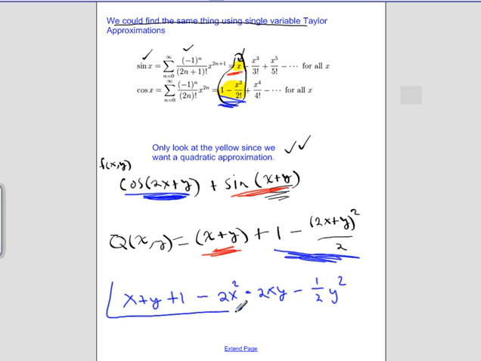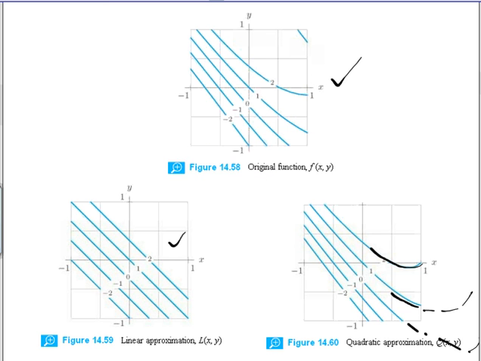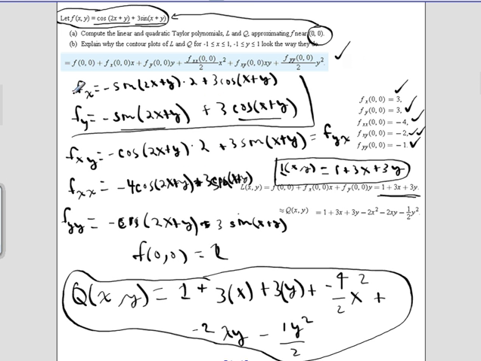And this should look pretty familiar because this is what we developed right over here. It's exactly the same thing.